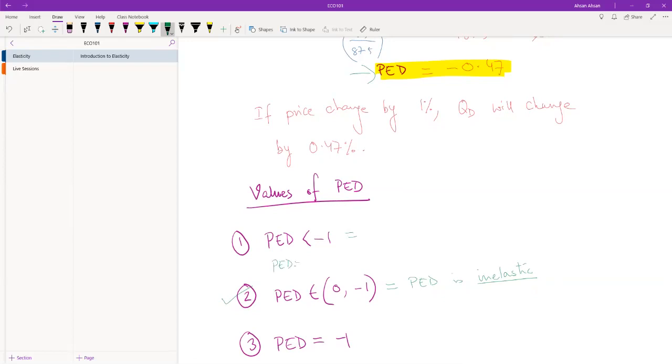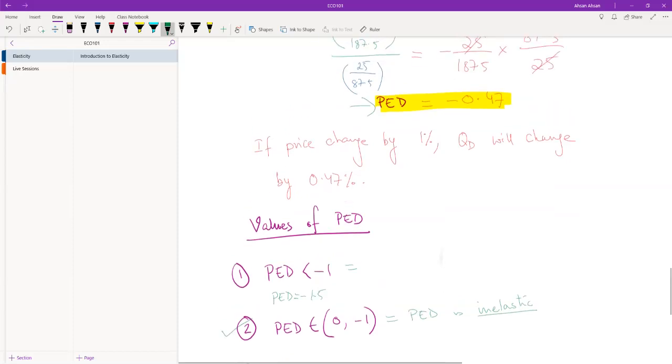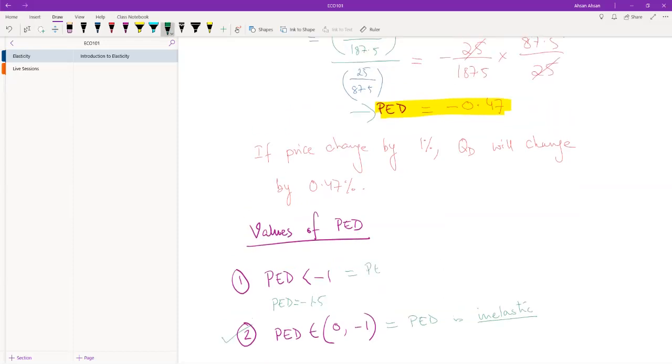Okay. If PED is less than -1, so for example, PED is -1.5, what does that mean? That means that if price changes by 1%, QD will change by 1.5%. If price changes by 10%, QD will change by 15%. So that means that PED is elastic.